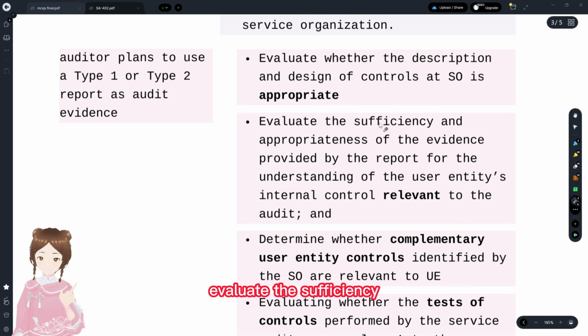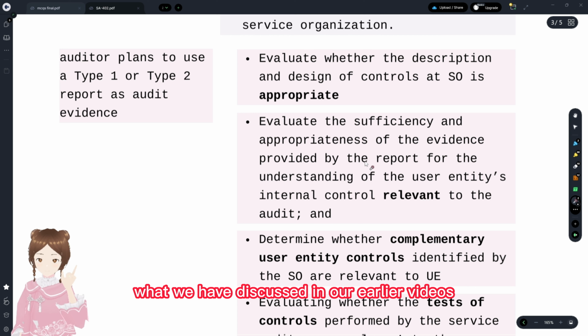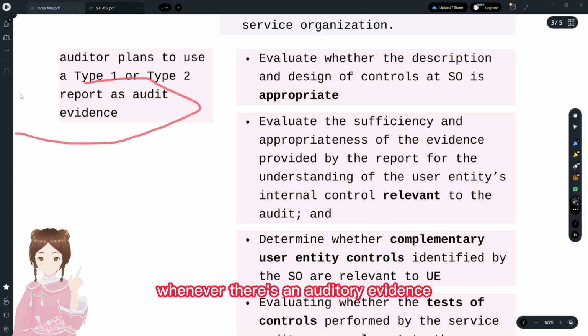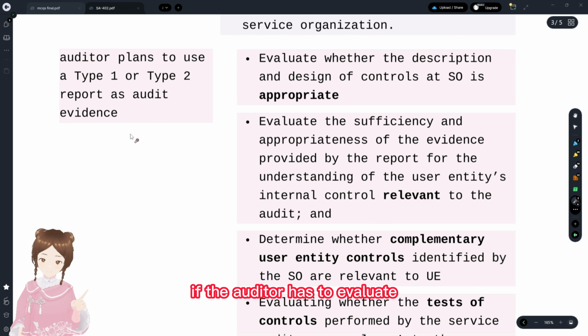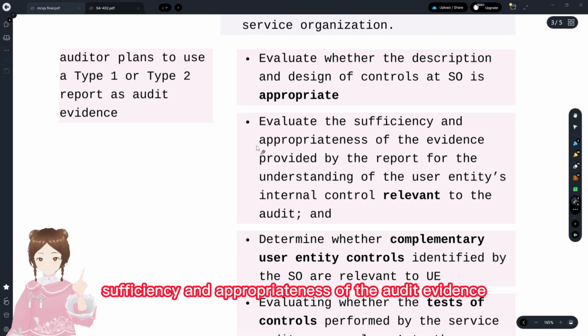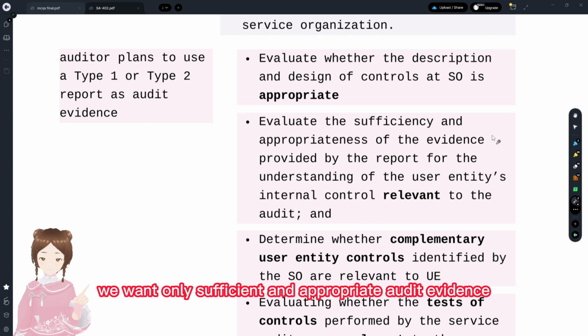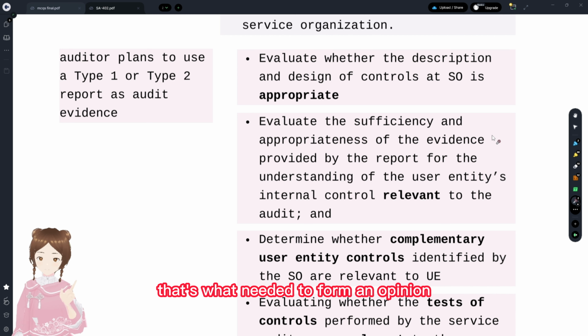He has to evaluate the sufficiency and appropriateness of audit evidence, as we discussed in our earlier videos. Whenever the auditor has to evaluate audit evidence, he has to use the adjectives sufficiency and appropriateness. We don't want any fluke audit evidence. We want only sufficient and appropriate audit evidence. That's what is needed to form an opinion.